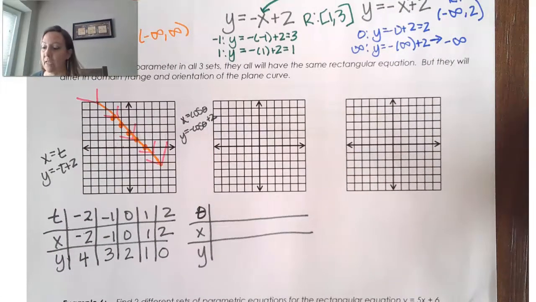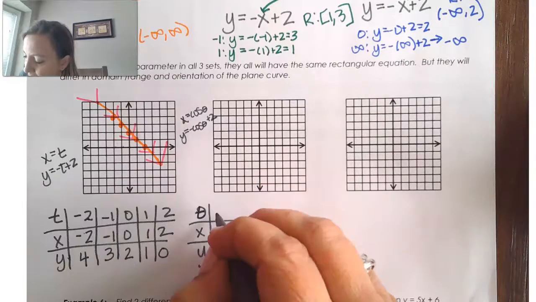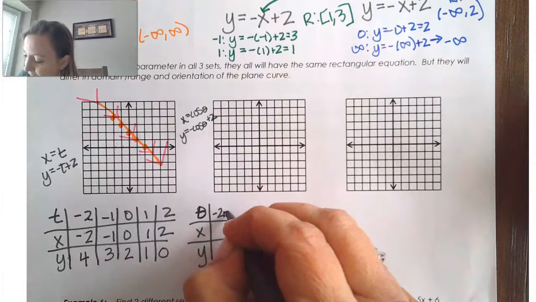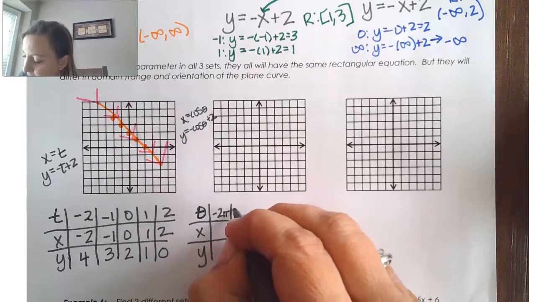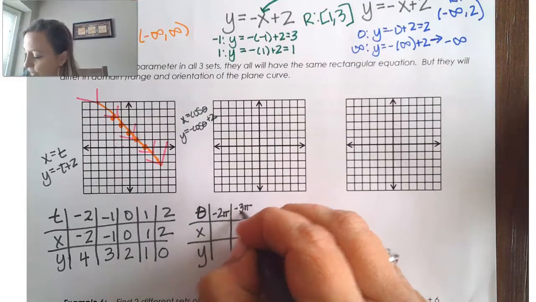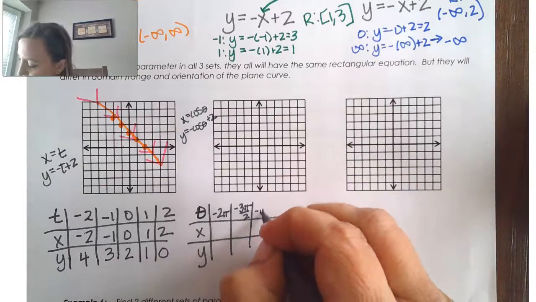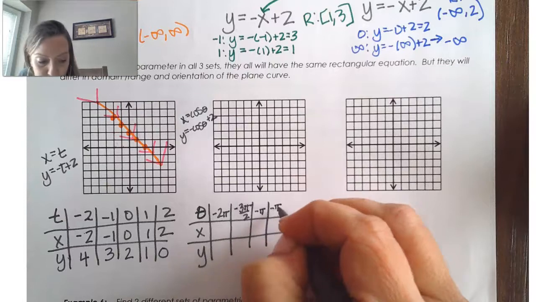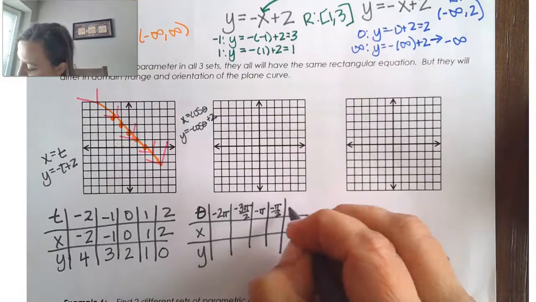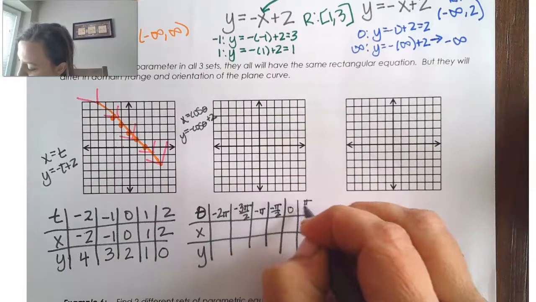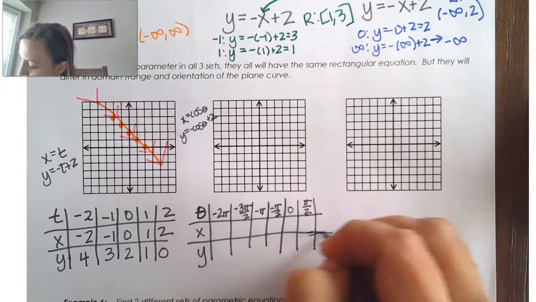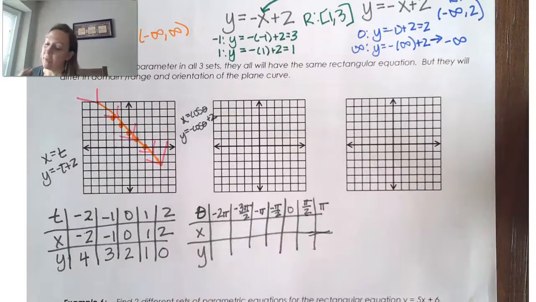I'll start with -2 pi, I guess, and then -3 pi over 2. So I just want some negative values. And again, the quadrantal angles are really helpful as far as that goes. I'm kind of out of room, so I'll just stop there.